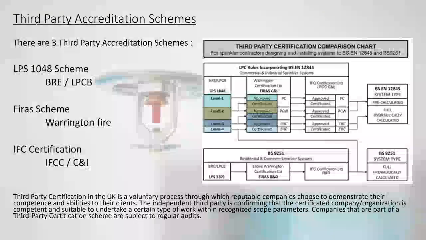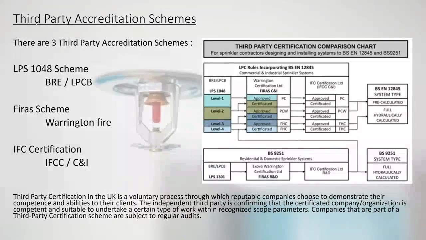Now, if we just break that down, if you can see here on the commercial side, you've got level 1. The level 1 will allow you to design, install pre-calculated systems, including water supplies. However, everything that gets designed by the installing company has to be supervised.